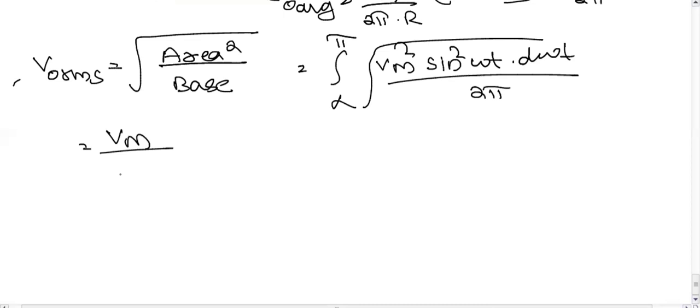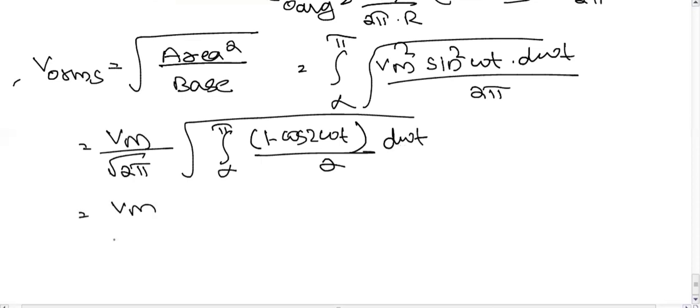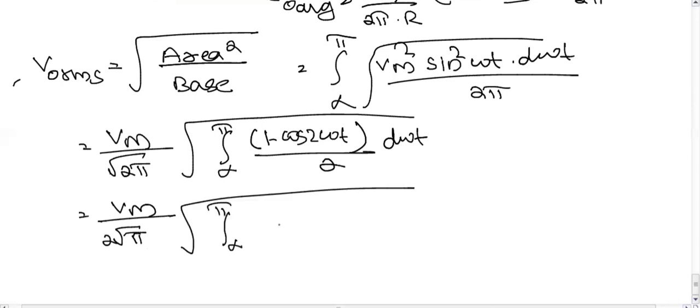So it will be Vm by root 2 pi root of integral alpha to pi (1 minus cos 2 omega t) by 2 into d omega t, which is equal to Vm by 2 root pi root of integral alpha to pi (1 minus cos 2 omega t) d omega t. This is root 2 and root 2, I made it 2. This is just basic integration only.